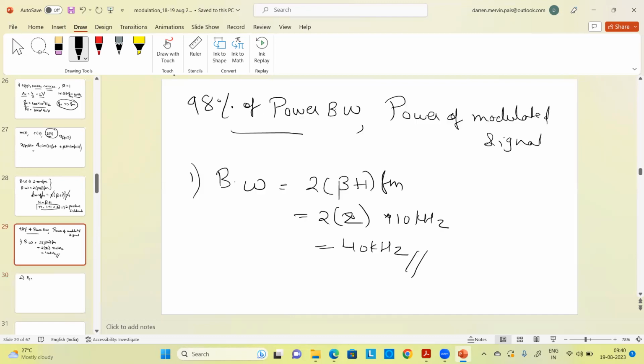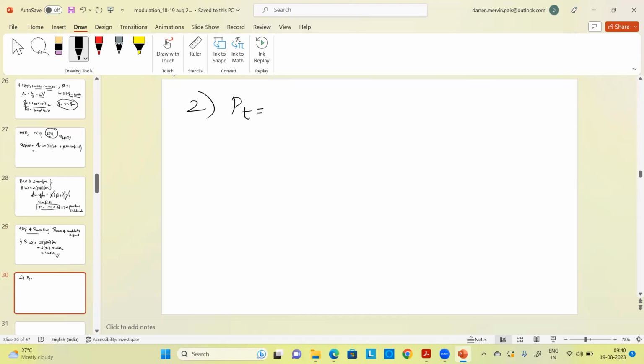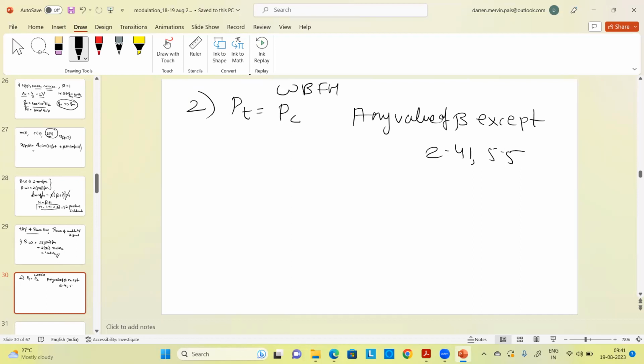Now they ask the transmitted power of the modulated signal. That is the second thing, PT is equal to. Now, if you remember, what did we write over there, Jerry? In case of wideband FM, PT will be equal to PC for any value of beta except 2.41 and 5.5.